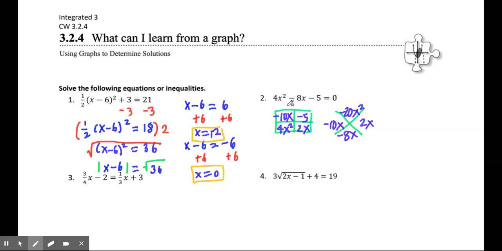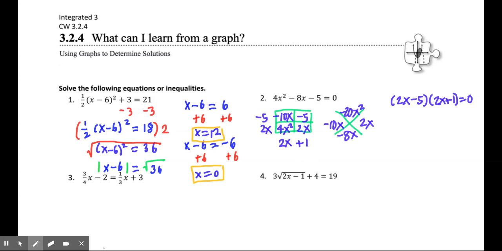So you can see along here, 2x goes into both of these terms, and then 2x times 2x is 4x squared, 2x times 1 is 2x, and 2x times negative 5 is negative 10x, and then you can see negative 5 times 1 does equal negative 5. So then this factors to 2x minus 5 and 2x plus 1.